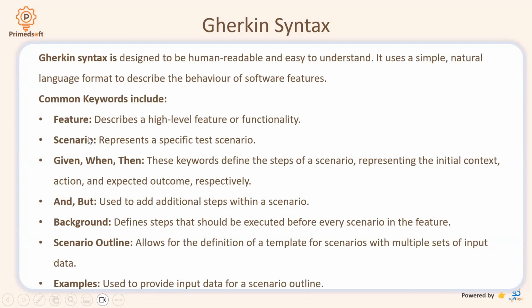So when you are writing an automated test, your feature could be login. Say you want to automate the Facebook login page. Your feature could be Facebook login. That is your high-level feature or functionality.